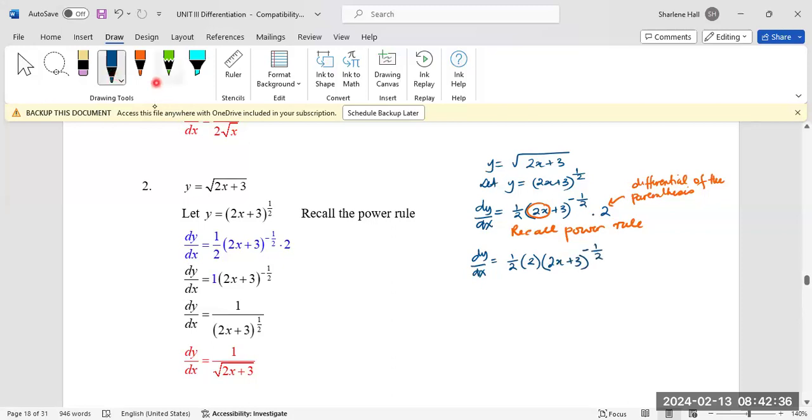But you know that 2 times a half is going to give you 1. So dy by dx is going to be equal to 2x plus 3 raised to the negative 1/2. Well, I'm going to do this.